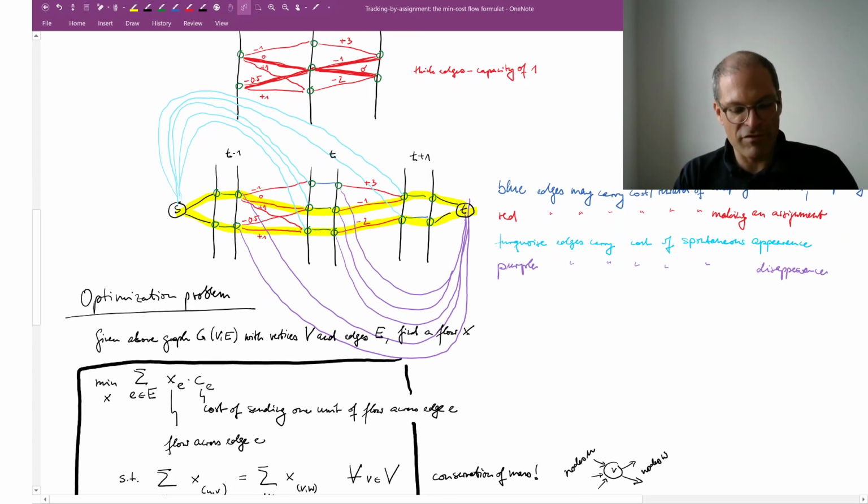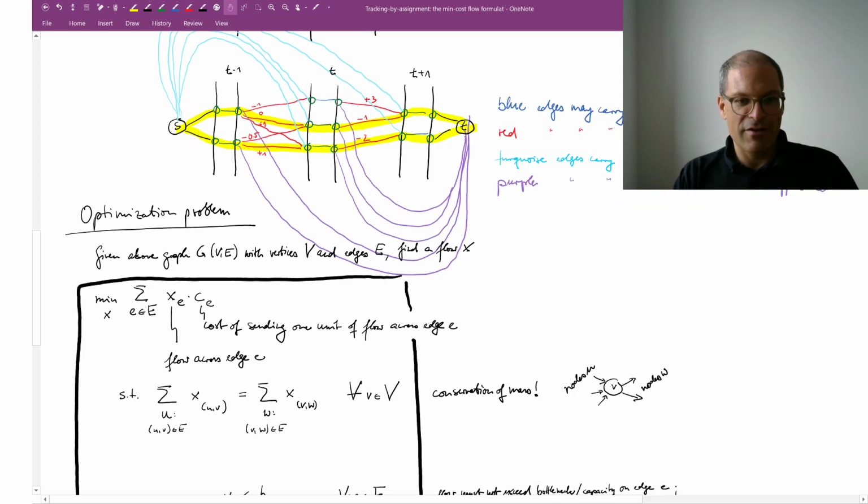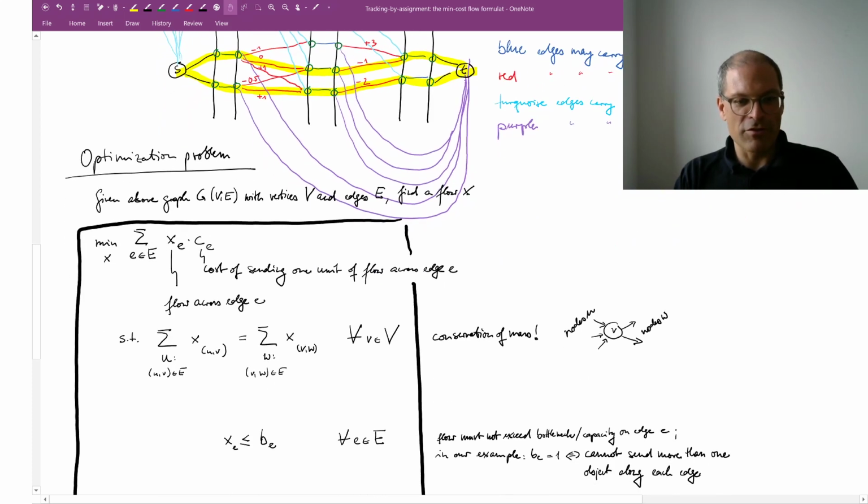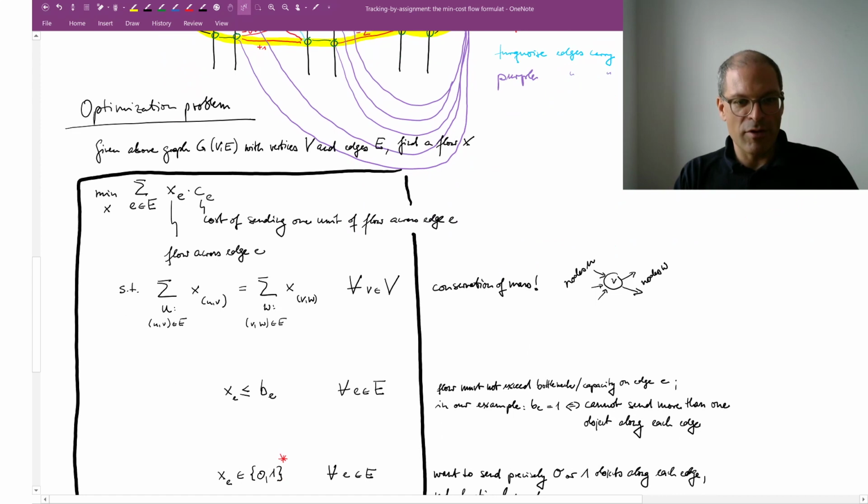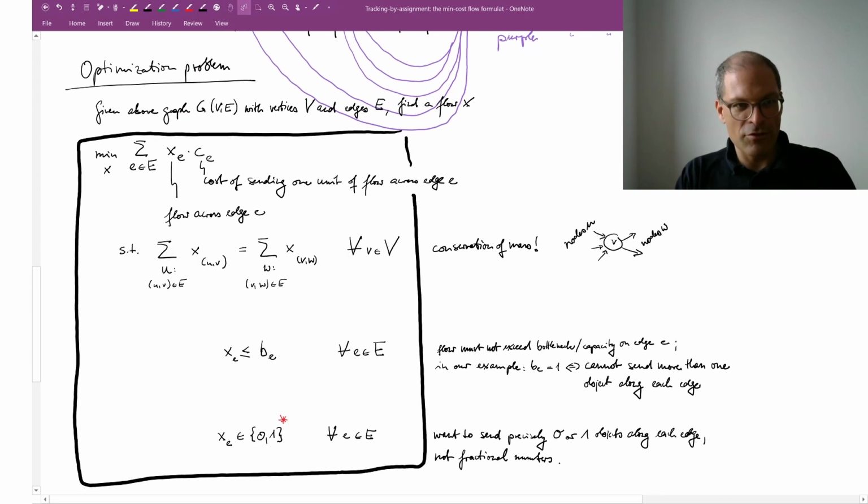So the graph above, I call it G. It's a graph with vertices V and edges E. And now my optimal solution will be a solution to the following optimization problem.